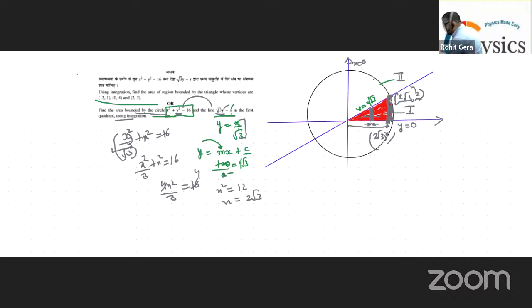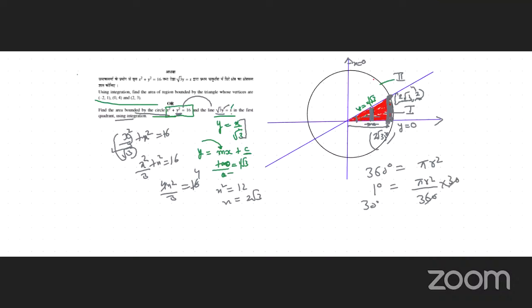Although 30 degrees is also sufficient, because I know, since this is 30 degrees, that 360 degrees corresponds to pi r square. 1 degree will correspond to pi r square by 360. So 30 degrees will correspond to how much? So I can get an answer in one go.